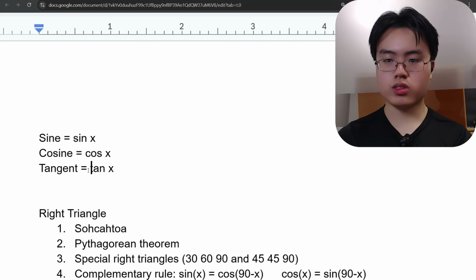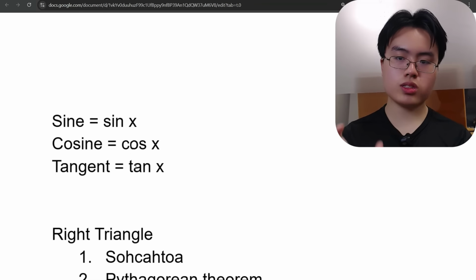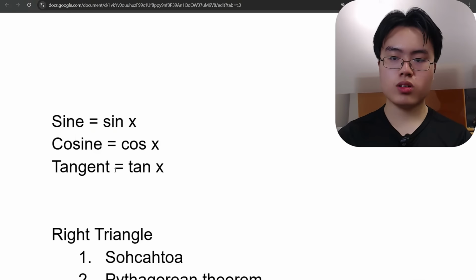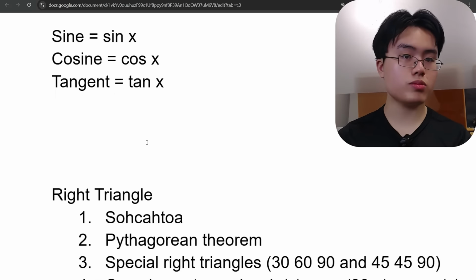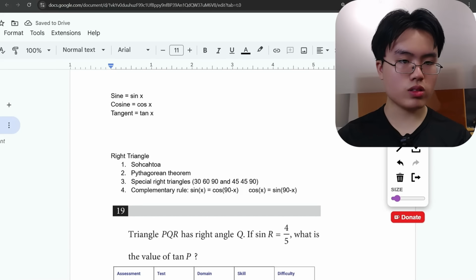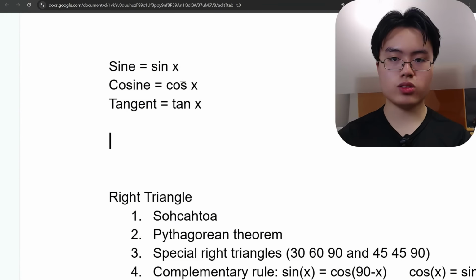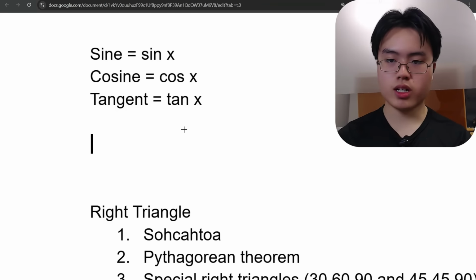SOHCAHTOA is an acronym for how to get these values, or if you have these values, how to get the sides, vice versa.